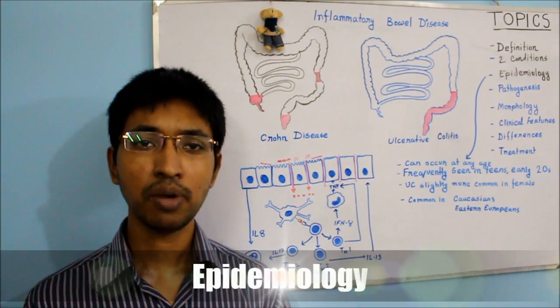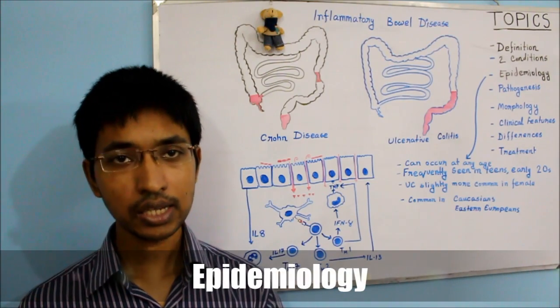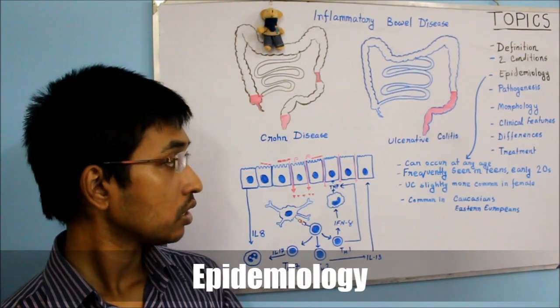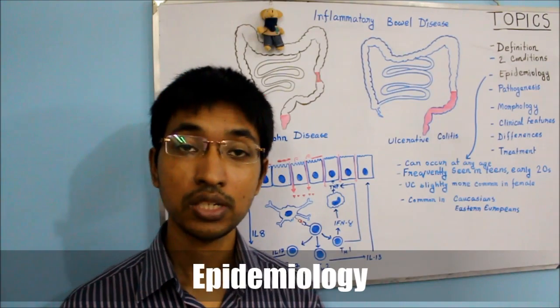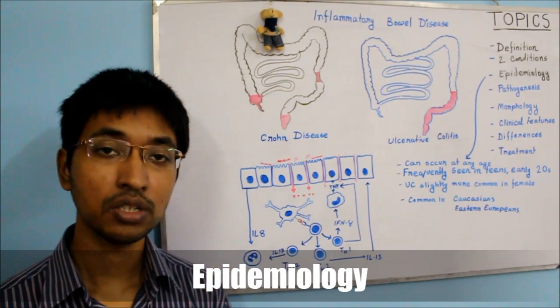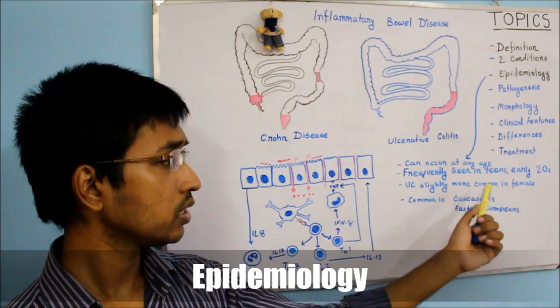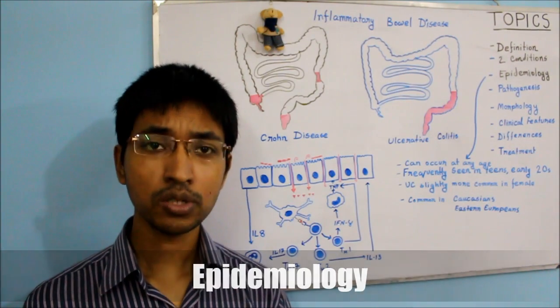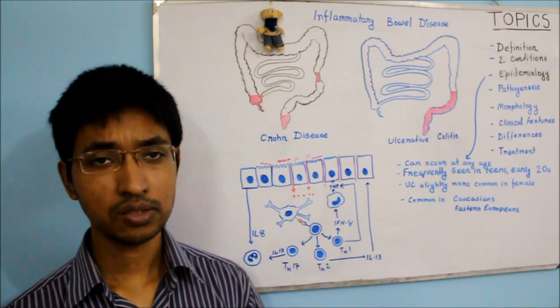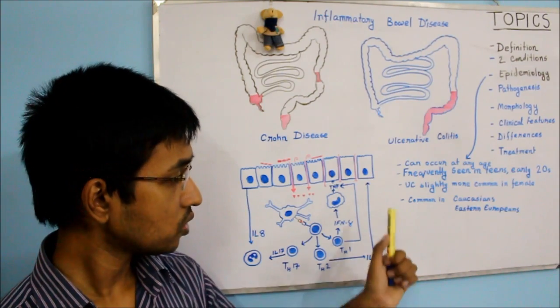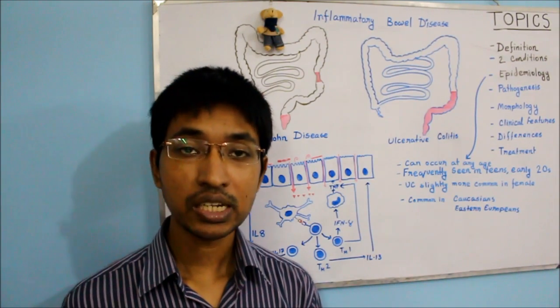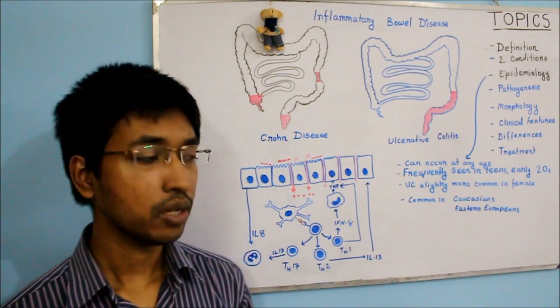Now, inflammatory bowel disease can occur at any age. However, it is frequently seen among teenagers and also among young adults in their early 20s. Both sexes can be affected by this disease. However, ulcerative colitis is slightly more common among females.